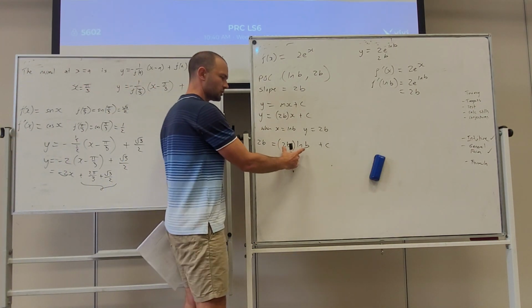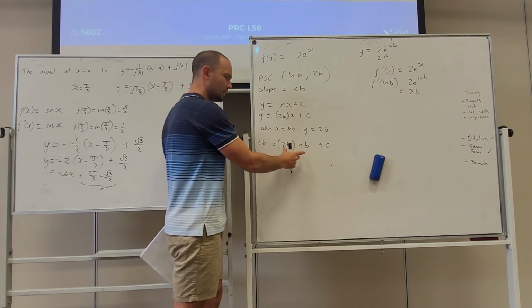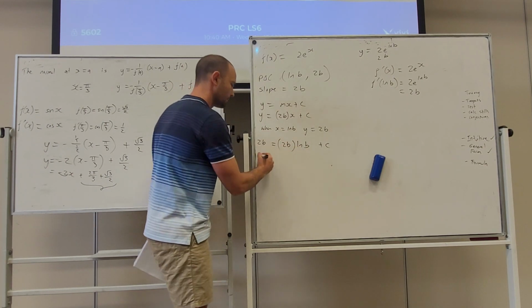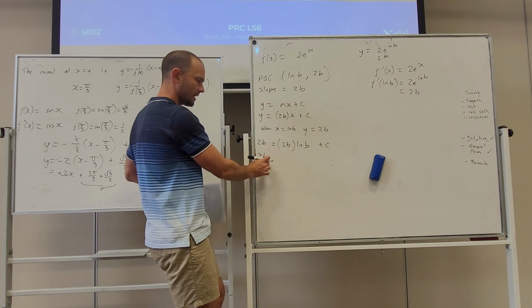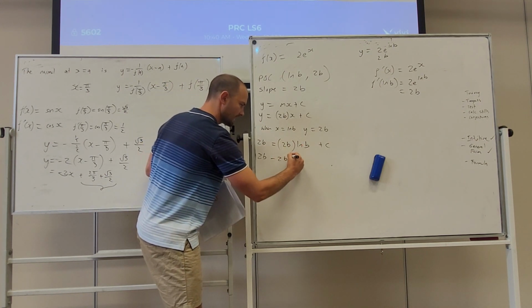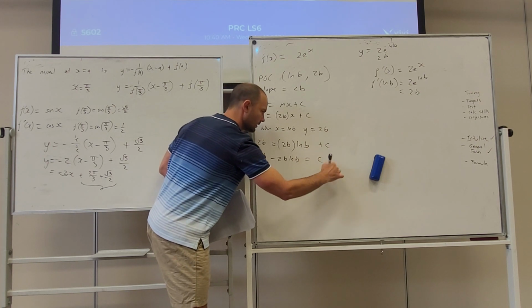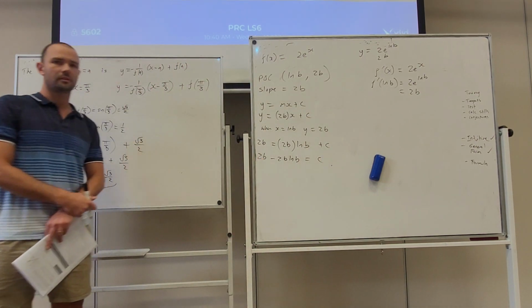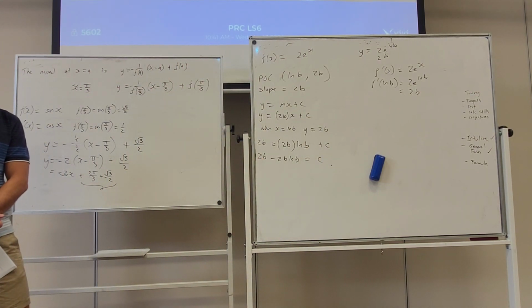So this just means 2b times ln b. I'm going to subtract that component from both sides. That 2b stays there, and then I'm going to move this component over. So I take 2b ln b, which means we're just left with c on the right-hand side.